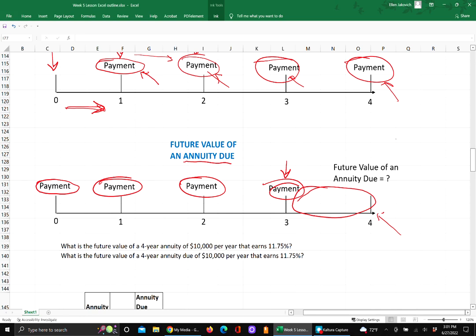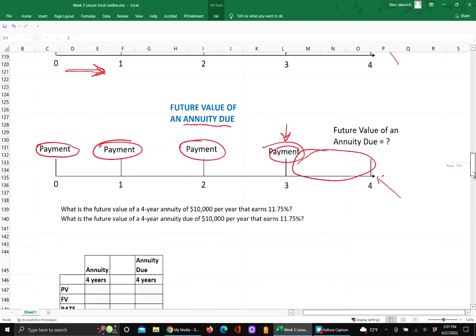So the top one is an ordinary annuity, also just called an annuity. And then there is an annuity due. We will not be working with very many annuity dues in this course. Mostly we're talking about investments, so we work with ordinary annuities. If it doesn't specify, it's an ordinary annuity.